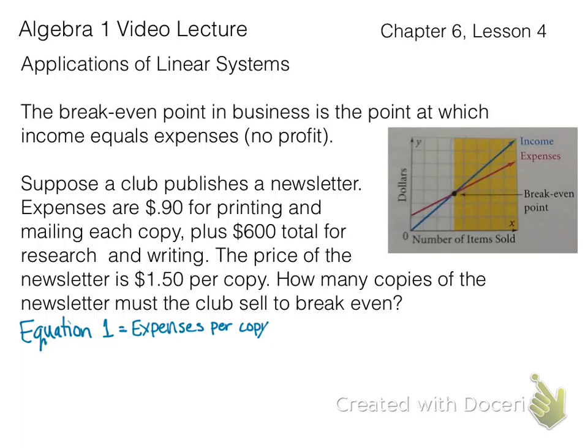All right, so this one's a little confusing because you have the same variable in this equation meaning two different things. And I'll talk about that in just a second. So the first equation is the expenses per copy. How much does it cost to make a certain amount of copies for this newsletter? All right, so X is going to be the number of copies of the newsletter.